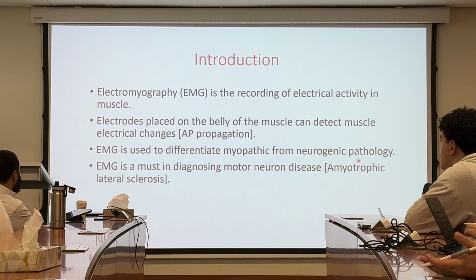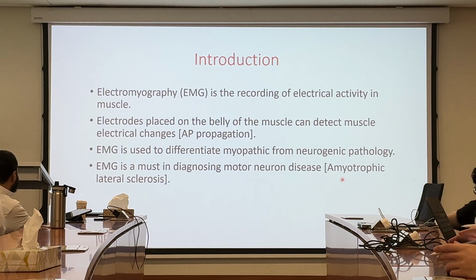In a disease called amyotrophic lateral sclerosis, you have to do this to figure out which motor neuron is damaged. It's the central motor neuron that's damaged. So this is why you do this in a lab. Or you will do the play version of it in the lab next week.